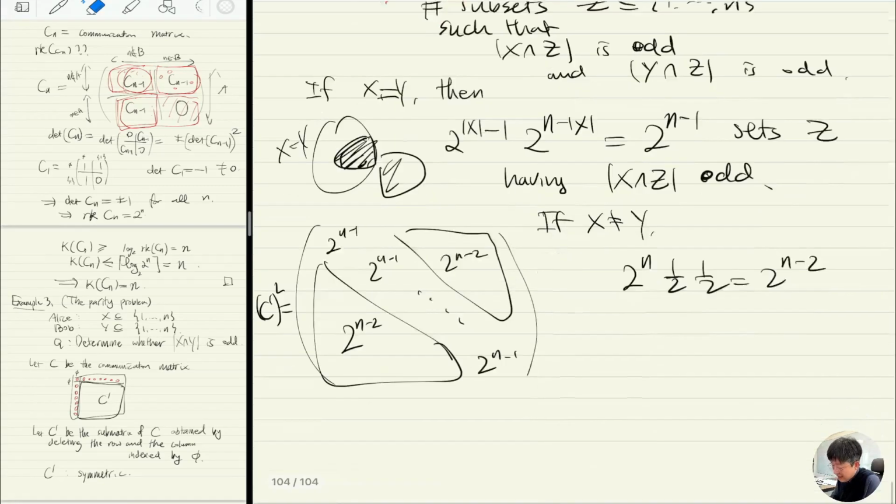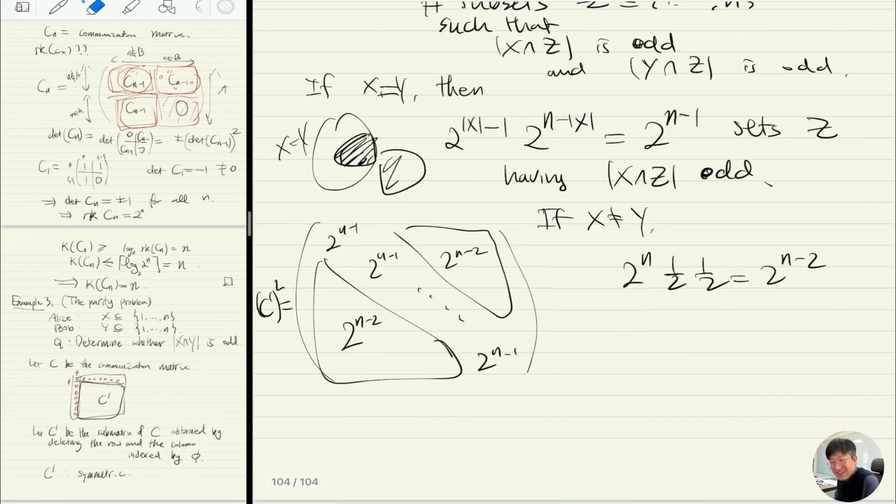Now, what's nice about it? I claim that C prime squared is non-singular. Why?